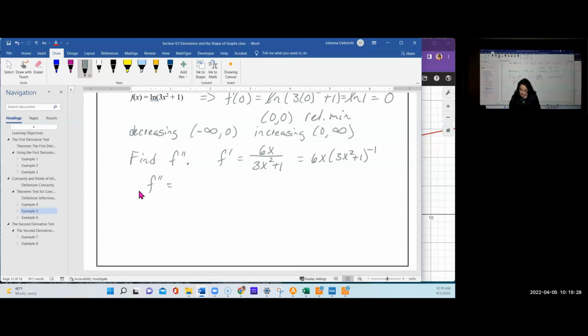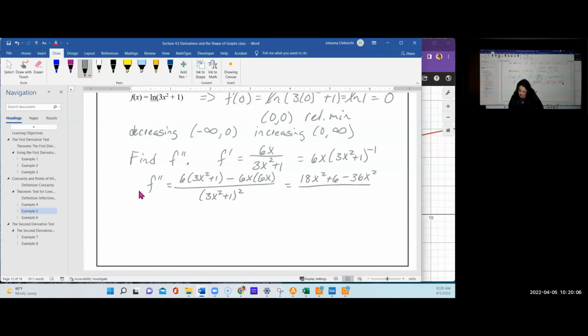So our second derivative is going to be 6 times 3x squared plus 1 minus g prime 6x times 6x, g prime f, all over g squared. So that's giving me 18x squared plus 6 minus 36x squared.